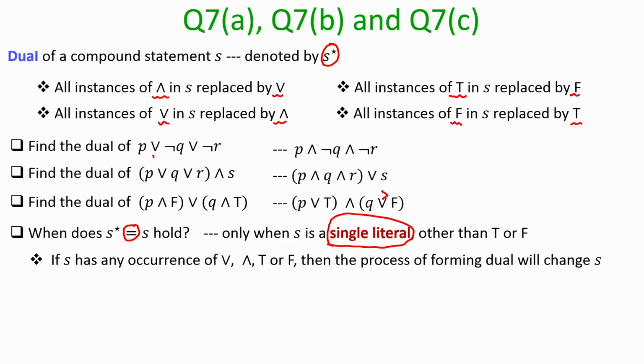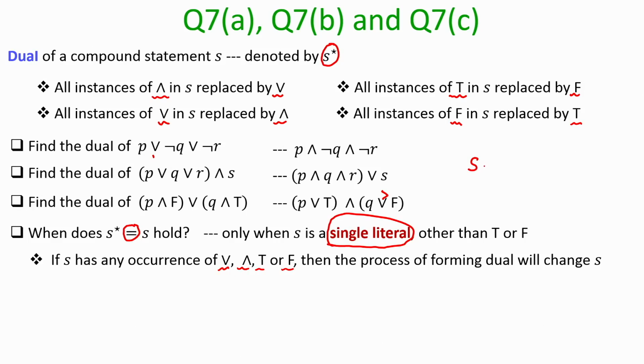Why so? Because if the compound proposition S has any occurrence of conjunction, disjunction, constant true, constant false, then when you form the dual of that statement, you will get a different expression, because all the conjunctions will be replaced by disjunctions, disjunctions by conjunctions, true by false, false by true, and so on.